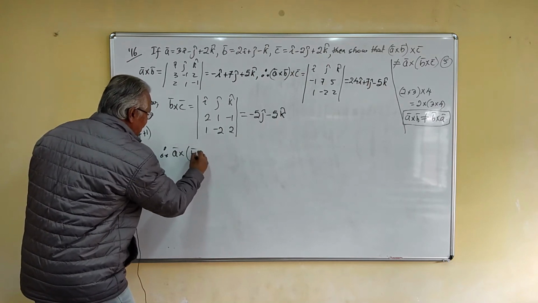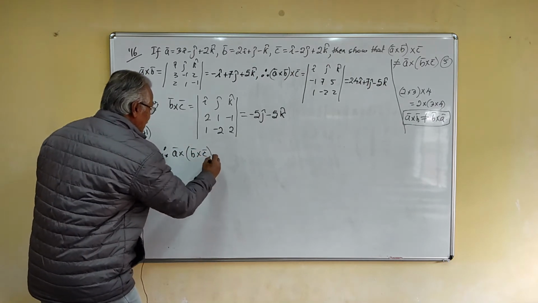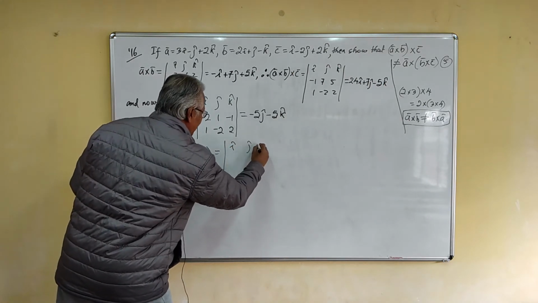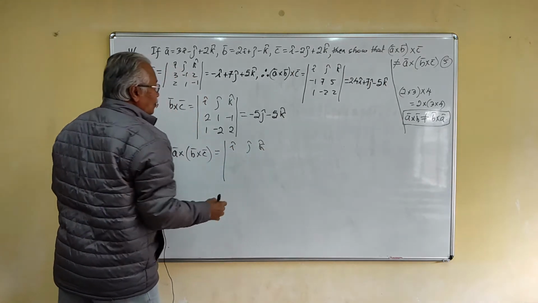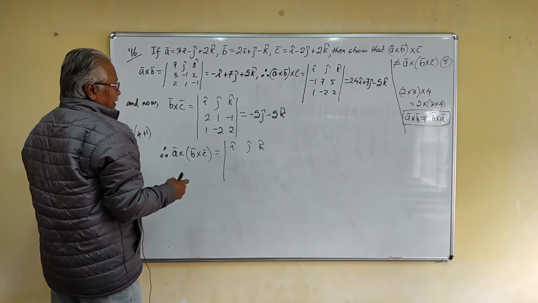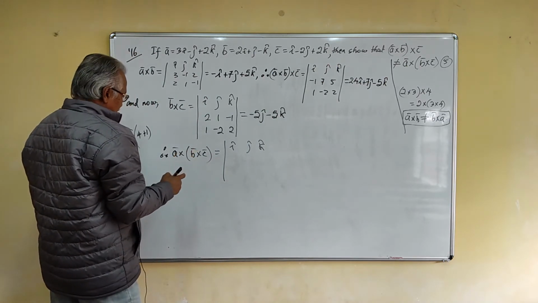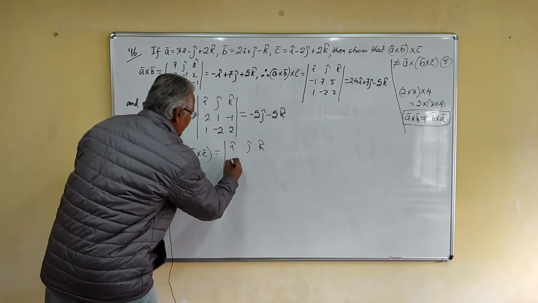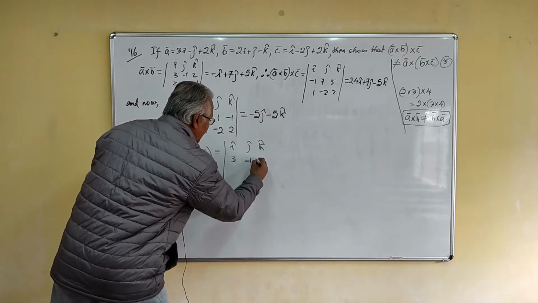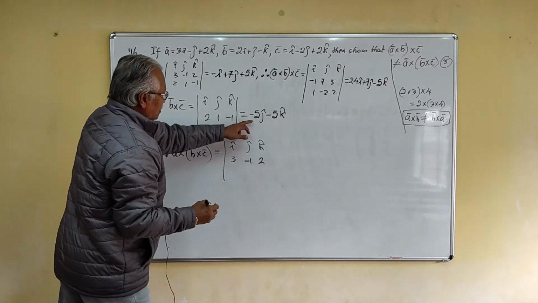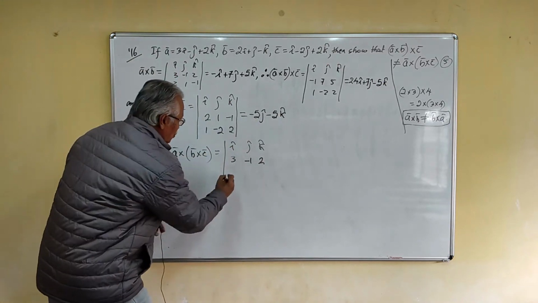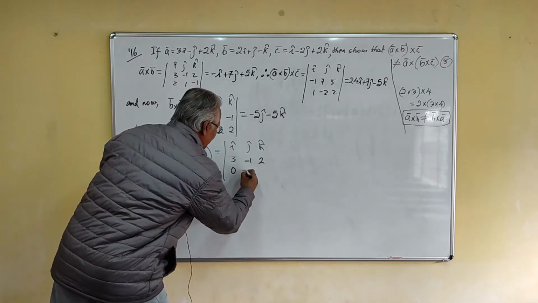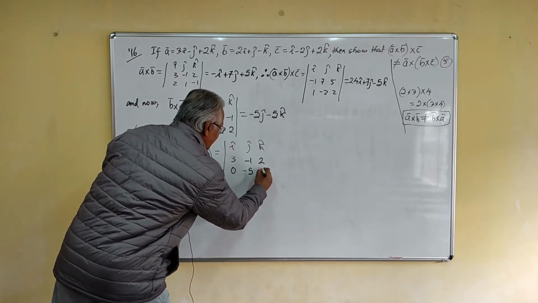Let's try and see it. That will be i, j, k as usual on the top row. And then what's the value of A? A is 3, minus 1, 2. Then 0, minus 5, minus 5.